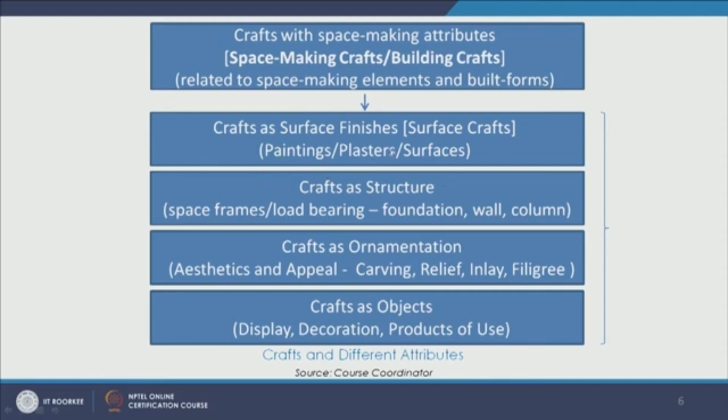We can see craft as structure, so we see the load bearing part, the space frames, wall, column. Craft could be looked at as ornamentation, so they have visual appeal and they are aesthetic. So carving, relief, inlay, filigree, all of these we discussed in one of the previous modules. And we could look at craft as objects, decorative objects or utilitarian objects.